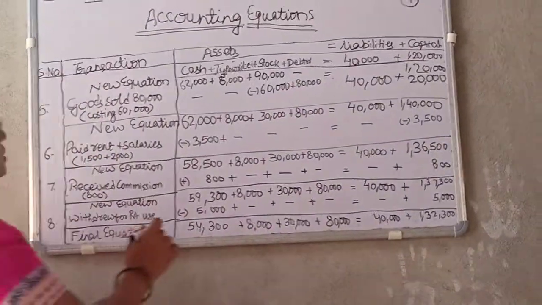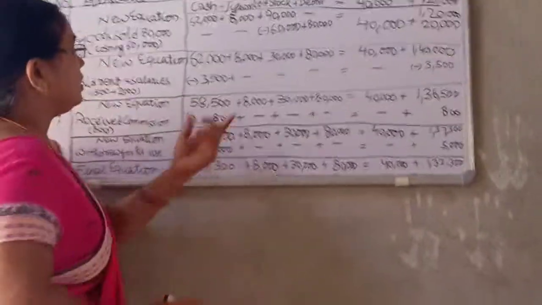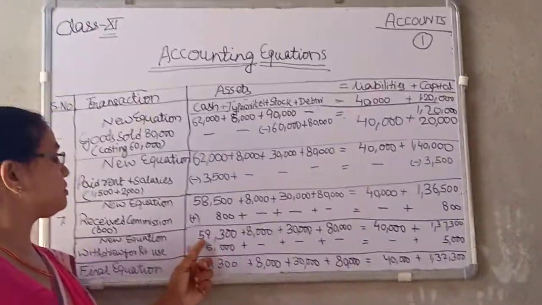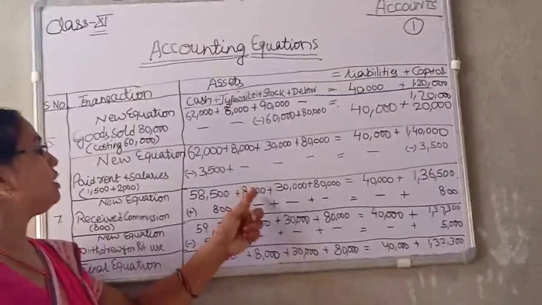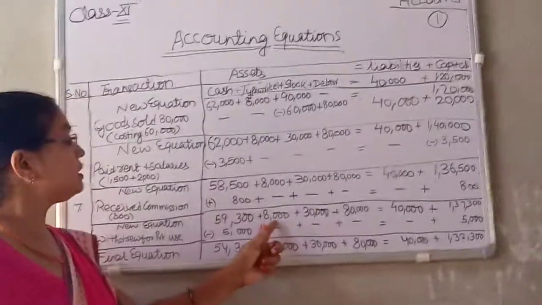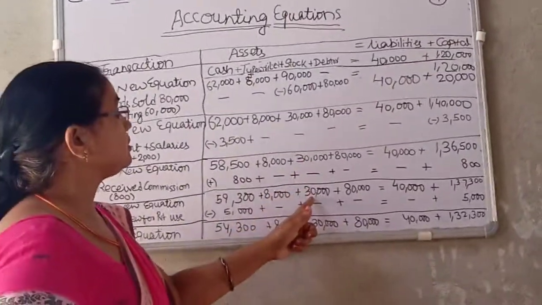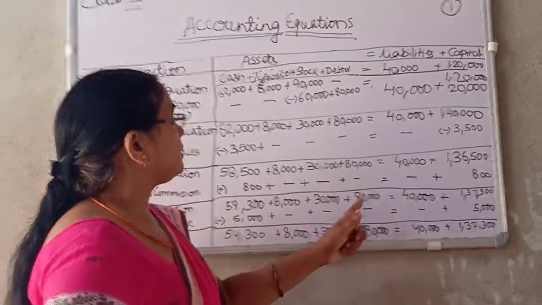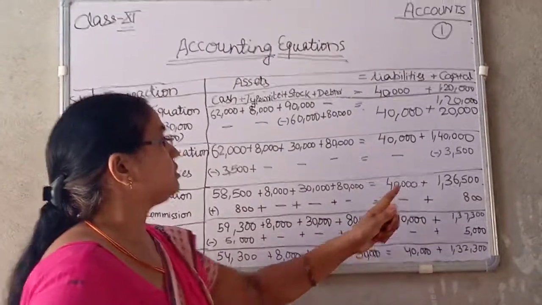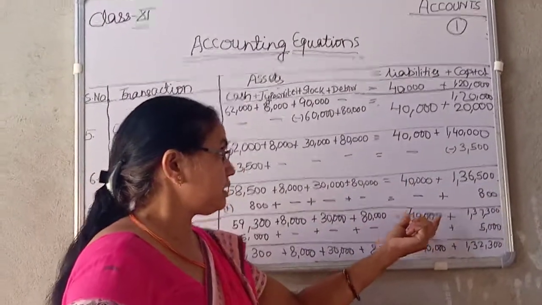So the new equation now comes to 58,500 added with 800, so it becomes 59,300. Now 8,000 is typewriter, 30,000 is our stock, and the debtor is 80,000. And let us come to the liability side.